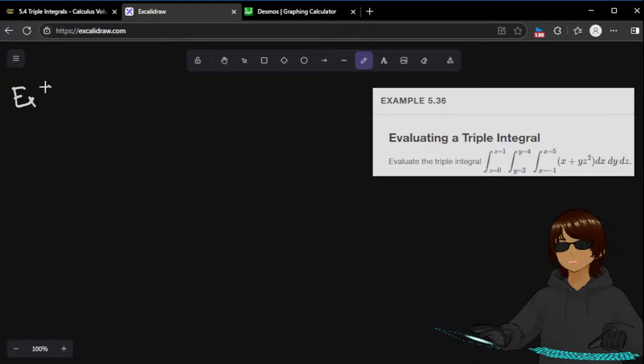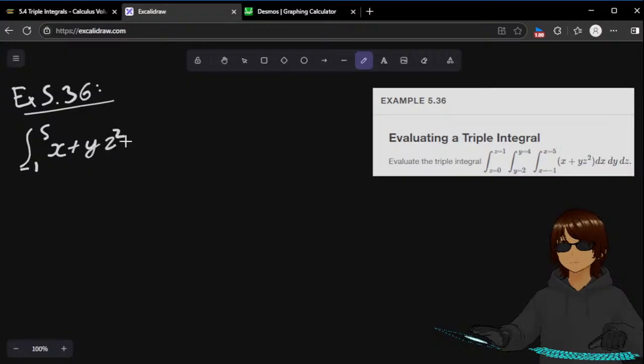Example 5.36. We have x plus y z squared. So let's just do x from -1 to 5, y from -1 to 5, and we have this z squared.